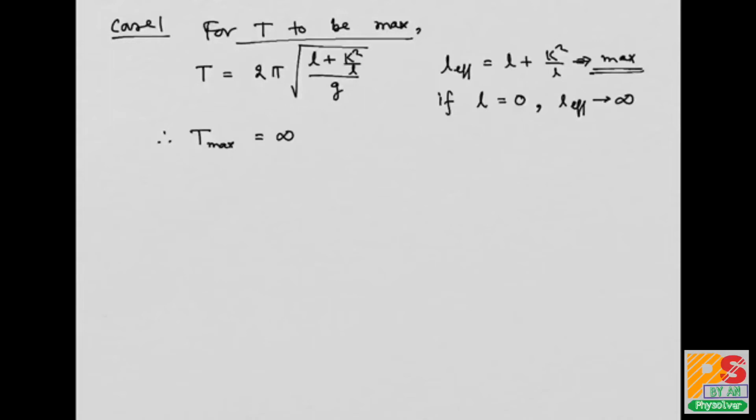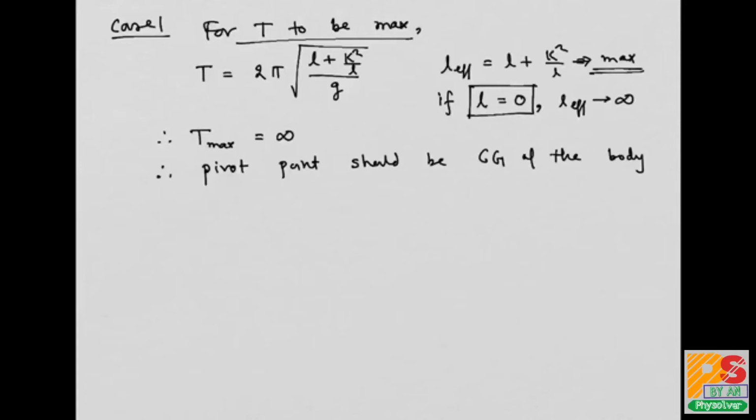Now what is the meaning of actually L equals 0? That means the pivot point should be the CG of the body. That means the body should be pivoted from its center of gravity. Like see, if we have a disc like this, and this is the center of gravity point, and you pivot here at its center of gravity.